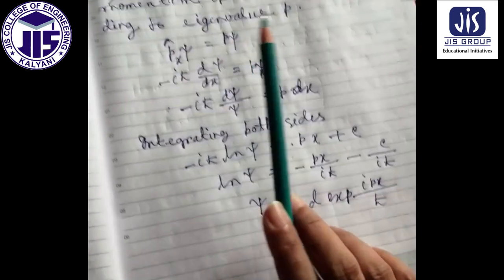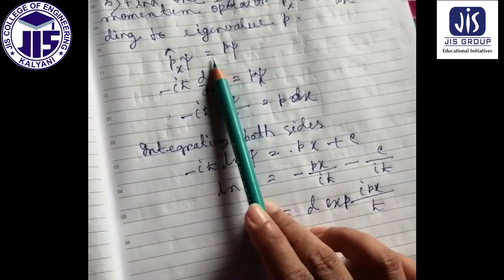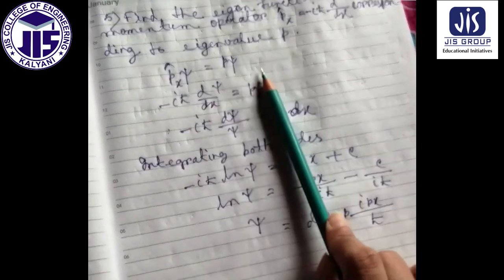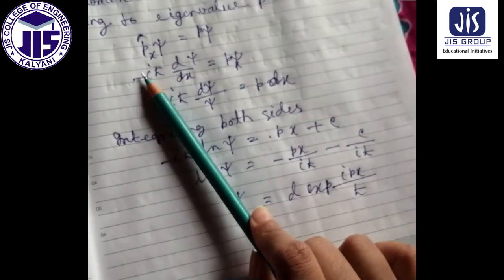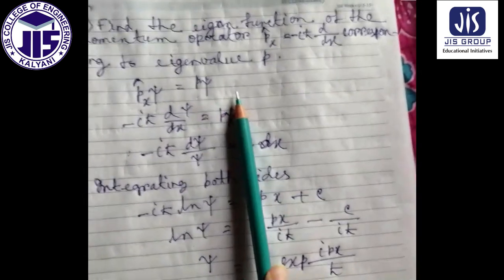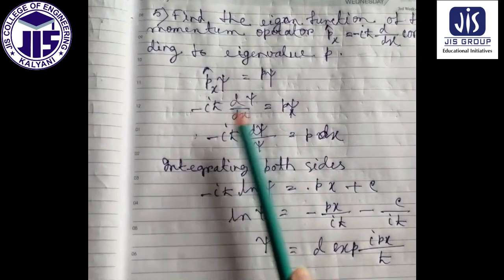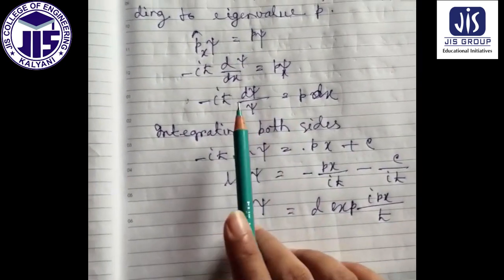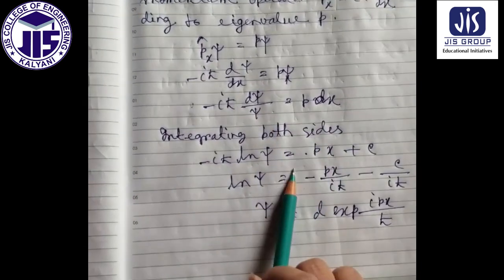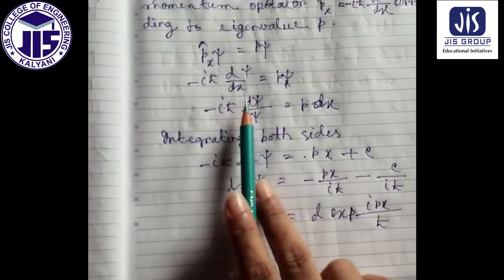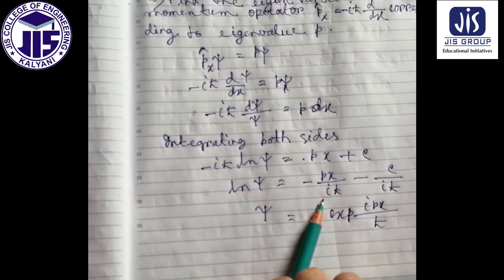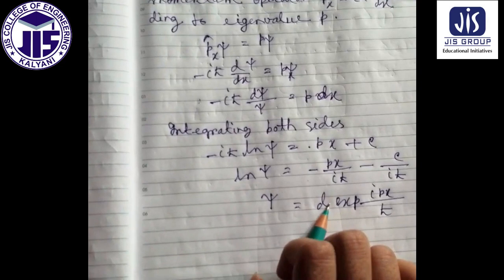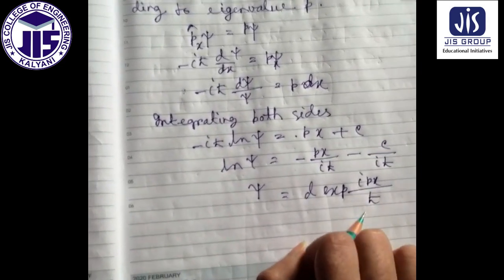That means here we first put the formula of the eigenfunction and eigenvalue, that is p_x ψ is equal to pψ. Now p_x equals minus iħ d/dx, so ψ is equal to pψ. Then we have done the integration, and if we do the integration thoroughly, then finally we have got ψ equal to A exponential ipx by ħ.